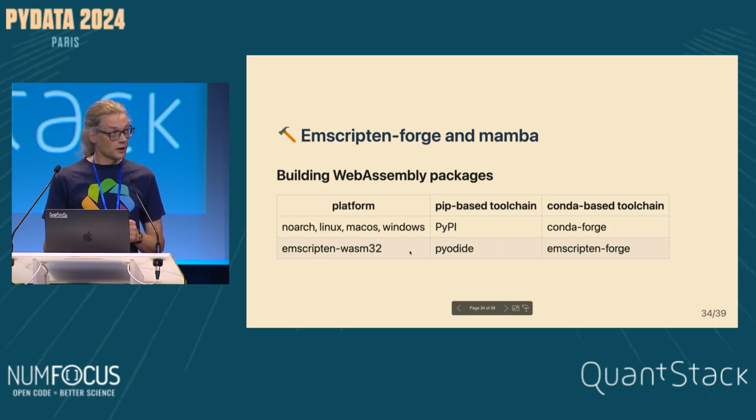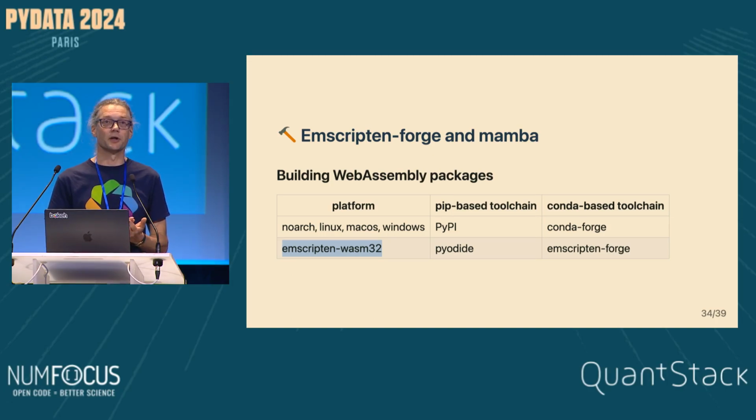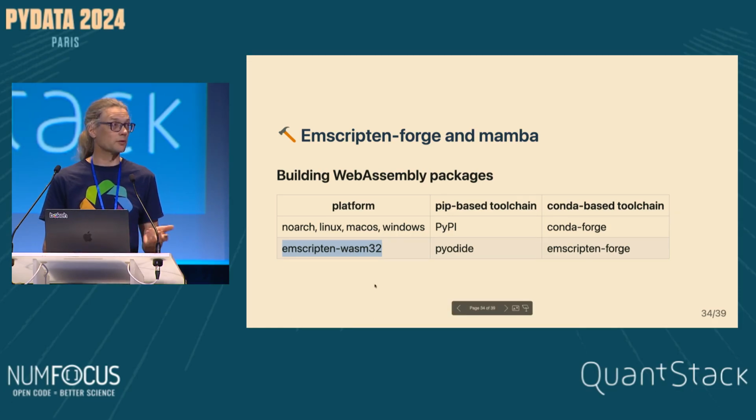Now, for JupyterLite, our platform is called emscripten-wasm32. Emscripten is the toolset and the compilers to generate WebAssembly code. WASM stands for WebAssembly, and 32 is 32-bit. 32-bit code is still alive and well in 2024 in this particular way.